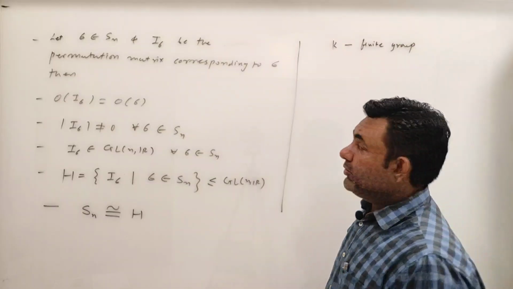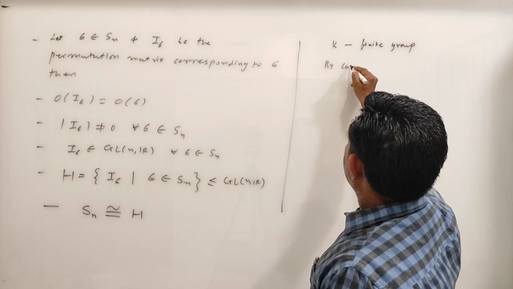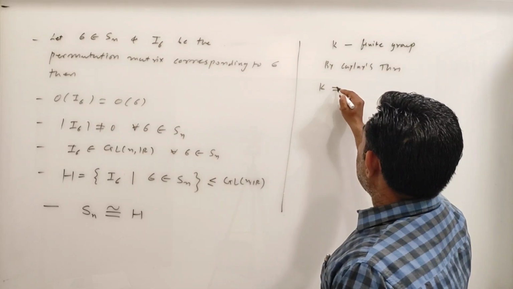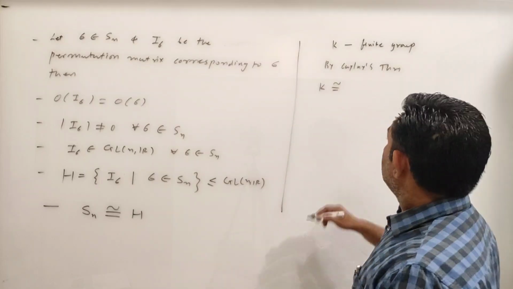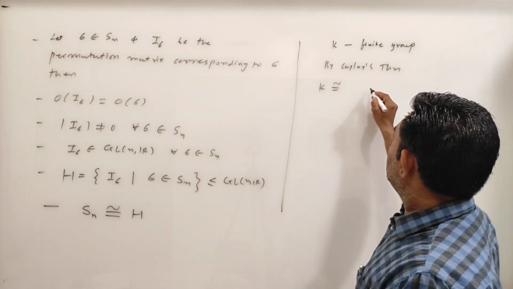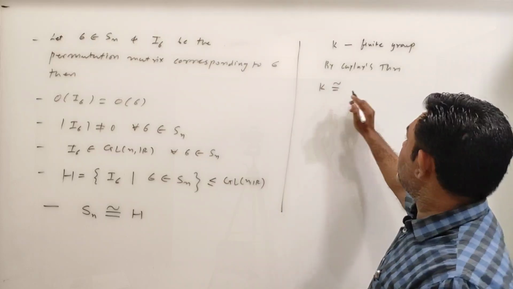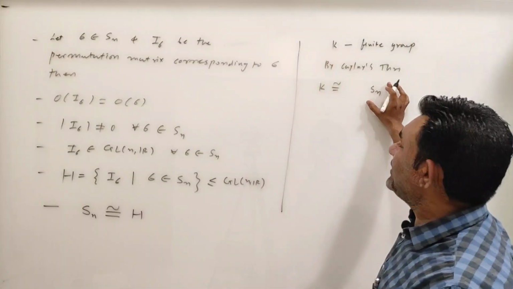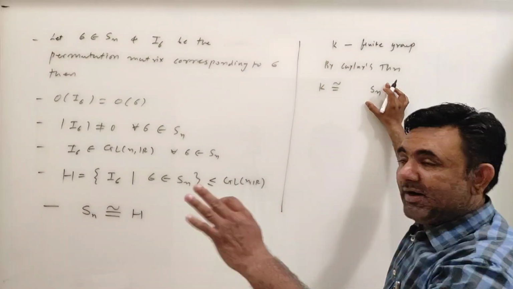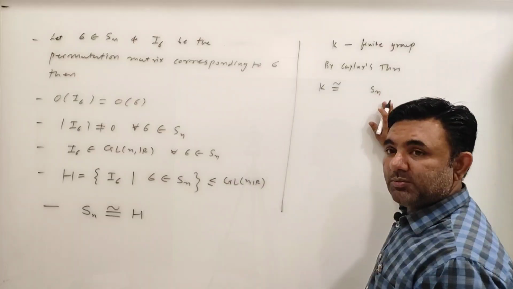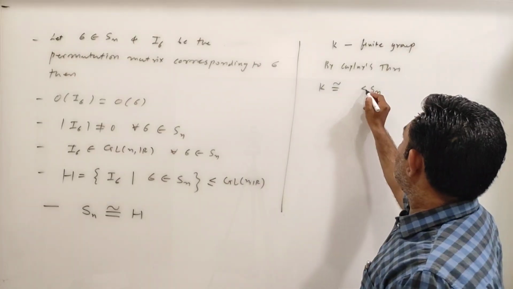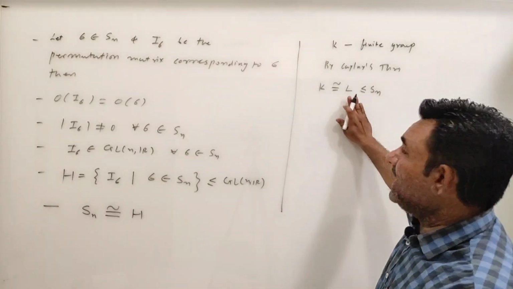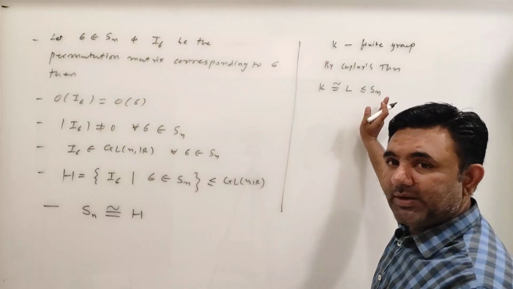By Cayley's theorem, K will be isomorphic to some subgroup of Sn, because K is finite, so I am considering the group of permutations on a finite set. Let me say the subgroup of Sn is L. So K is isomorphic to L, and L is a subgroup of Sn.